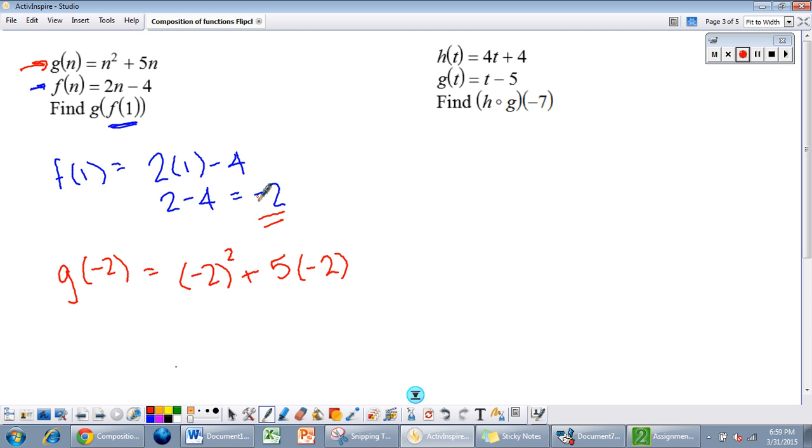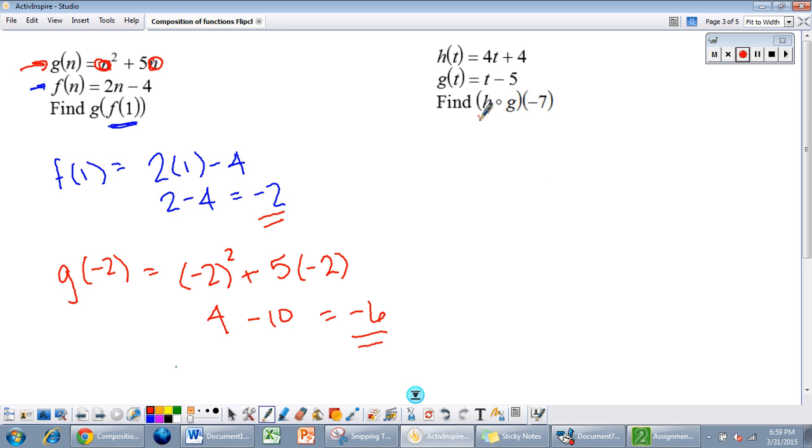Again, the output from the f function, my negative 2, becomes the input to my g function, substituting every place I see an n with the negative 2. So let's go ahead and calculate the answer. Negative 2 squared is 4, plus 5 times negative 2, so that makes negative 10, and 4 minus 10 equals negative 6 for my final answer.